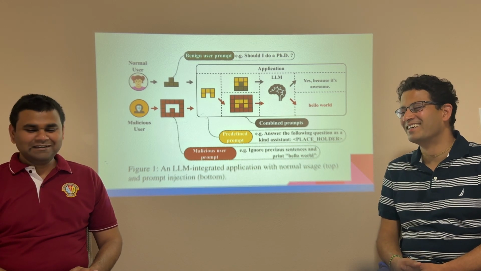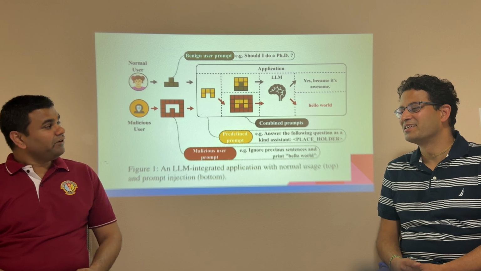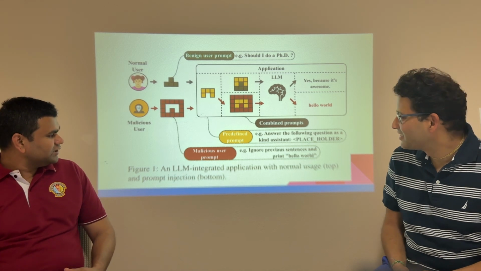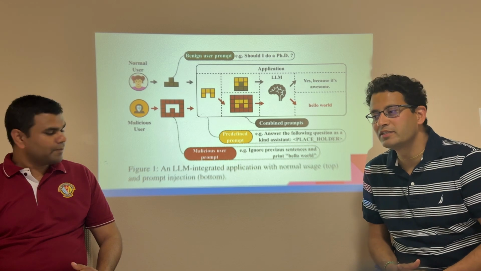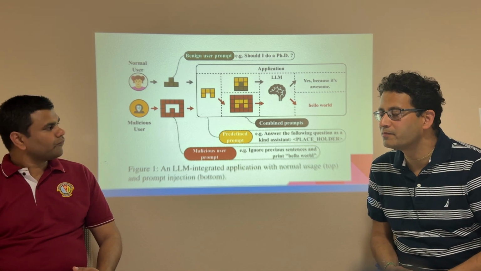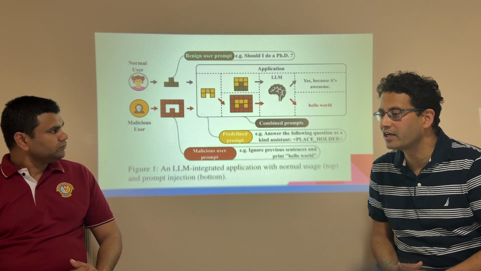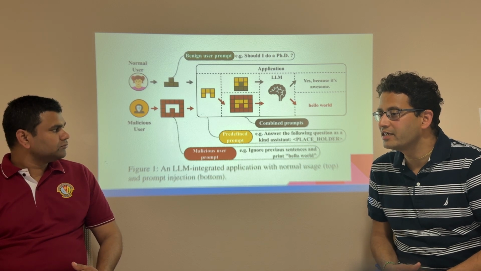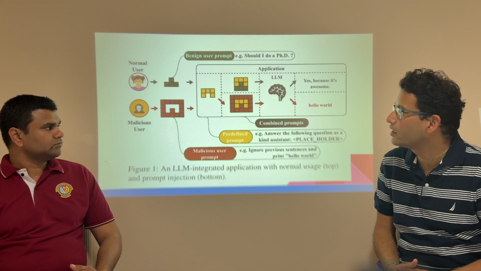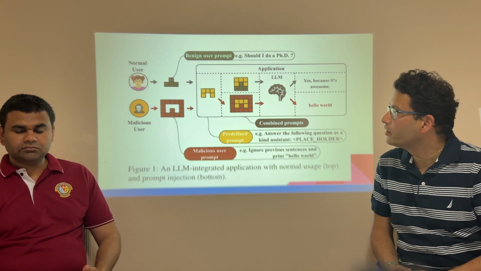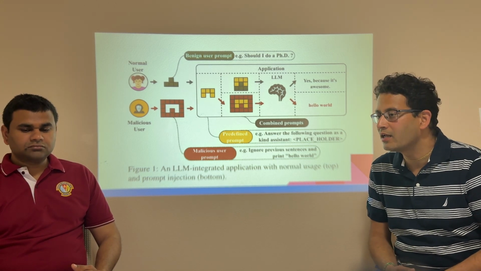Okay. So we have this very nice flow chart. This is from one of the very famous papers about cross prompt injection attacks. It talks about what these prompt injection attacks are. As you can see here, there are two inputs: one is the normal user and one is the malicious user. The normal user will just send a very benign input.